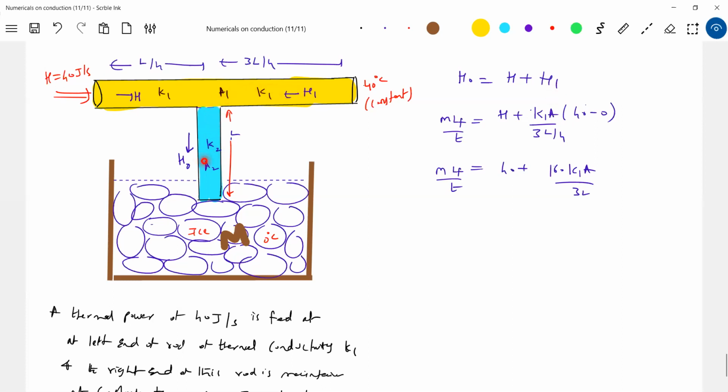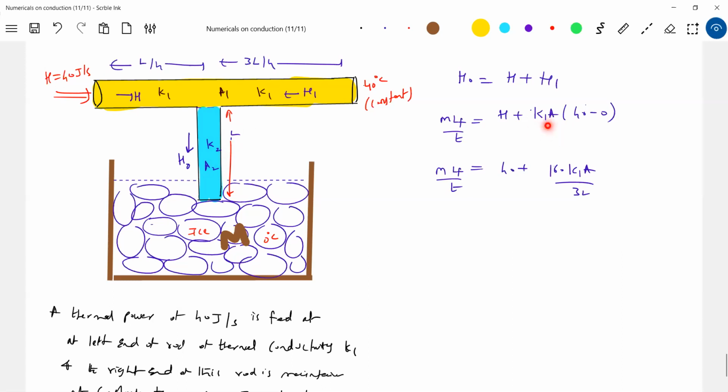See, in this particular rod, due to this 40 degrees there'll be flow of heat, between 0 and 40. So what is the total thermal resistance? It will see the resistance of this plus this one. The effective resistance: they're in series, so that should be taken.